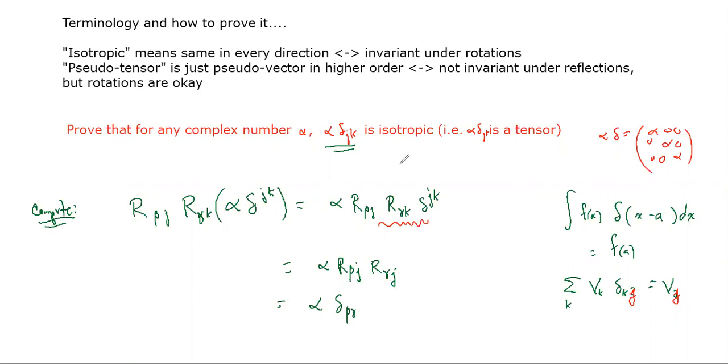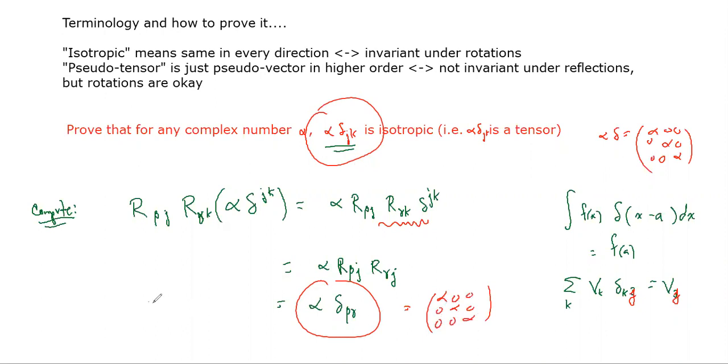Okay, so up to the change in indices, which is what we wanted, we put alpha delta jk in, and we got alpha delta beta gamma out. So we rotated the thing properly, we got out what we wanted. This is still something that looks exactly the same. It looks like alpha along all of the diagonal components. So this is in fact isotropic, or rotation invariant.